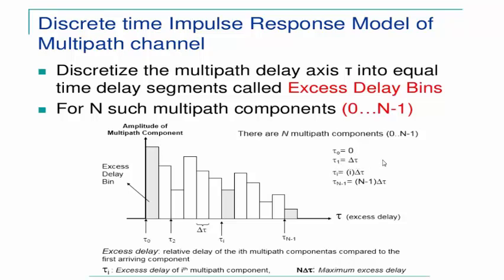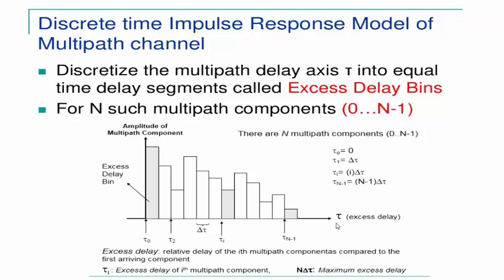So these are the different excess delay values which are measured for n such multipath components, 0 to n minus 1. So for tau 0 it is 0, for tau 1 it is delta tau, that is tau 2 minus tau 1, like that. So excess delay is the relative delay of the ith multipath component compared to the first arriving component. So tau i is nothing but the excess delay of the ith multipath component, and n into delta tau is the maximum excess delay.